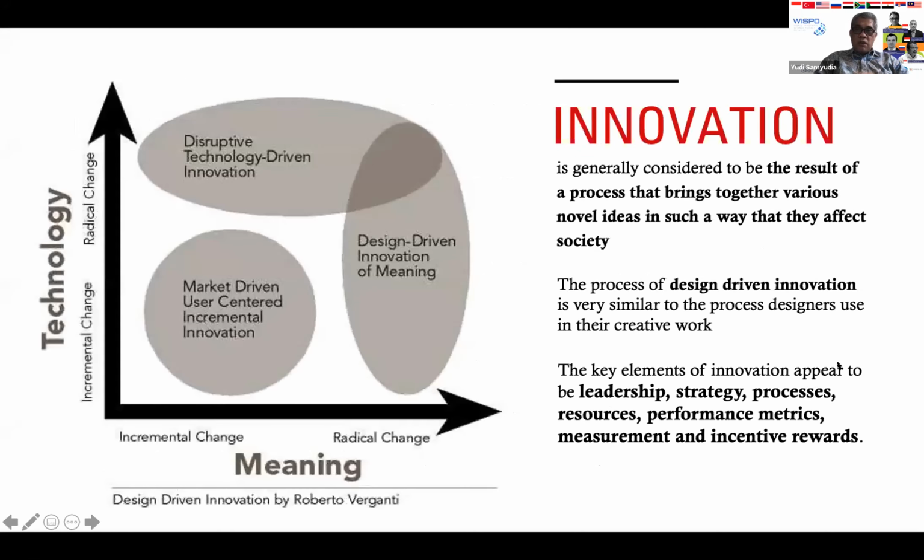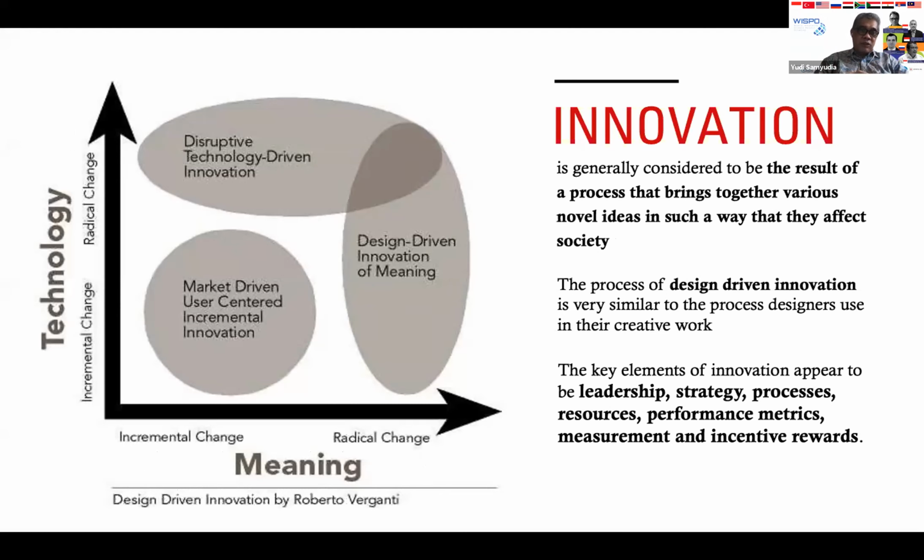Now if we talk about innovation, innovation is generally considered the result of a process that brings together various novel ideas in such a way that they affect society. So the point here is that there are novel ideas and they must affect society.